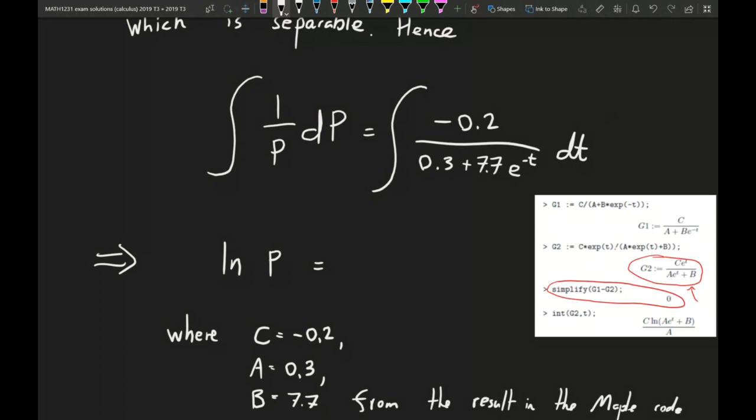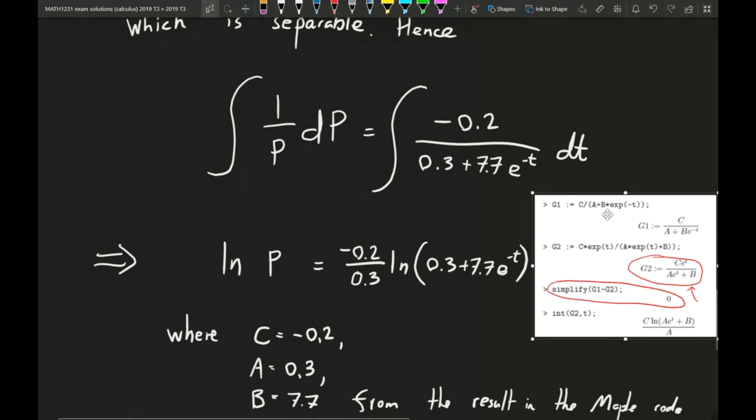Okay, so carefully plugging this in, we get a minus 0.2, that's the c, over a, which is 0.3, times the log, and it's just the log of the denominator. So that's the log of 0.3 plus 7.7 e to the minus t.